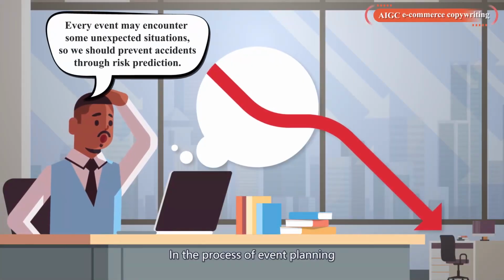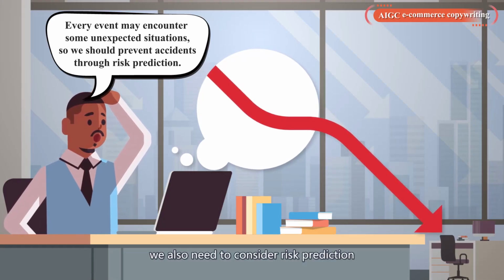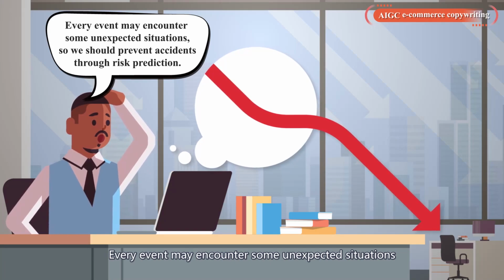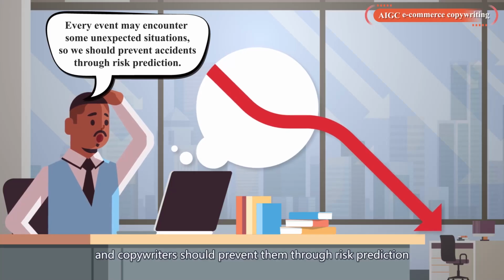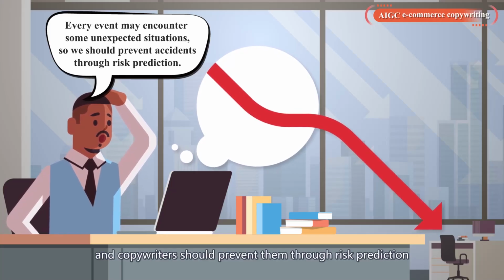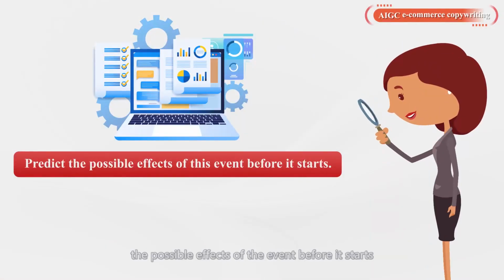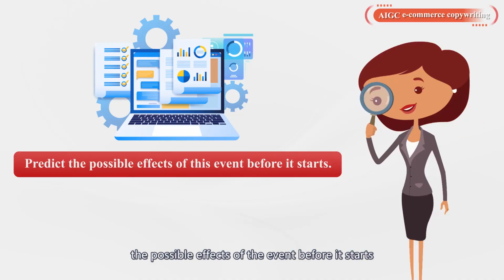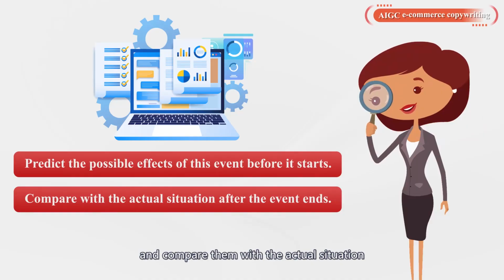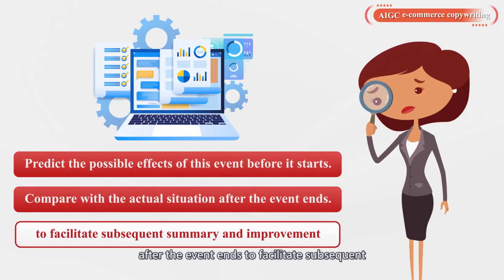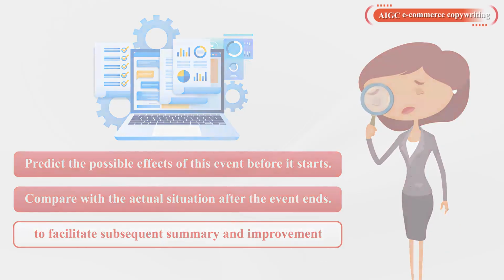In the process of event planning, we also need to consider risk prediction. Every event may encounter some unexpected situations, and copywriters should prevent them through risk prediction. Copywriters should predict the possible effects of the event before it starts and compare them with the actual situation after the event ends to facilitate subsequent summarization and improvement.